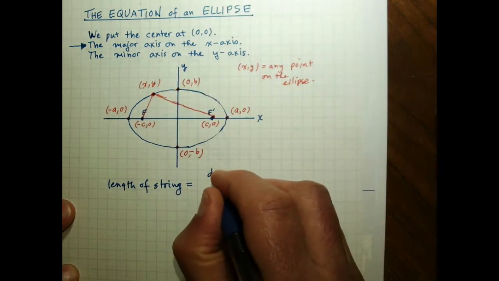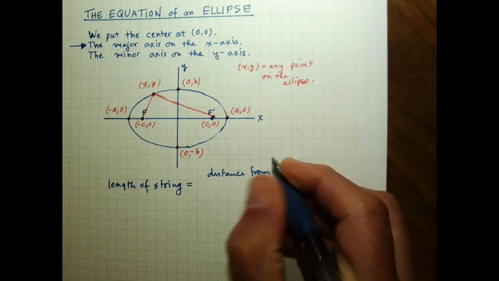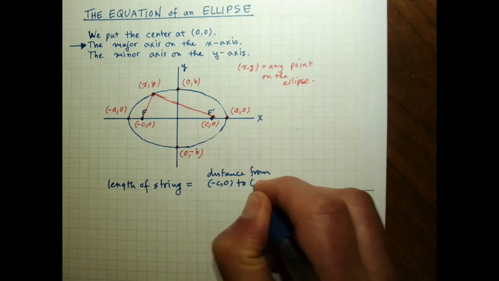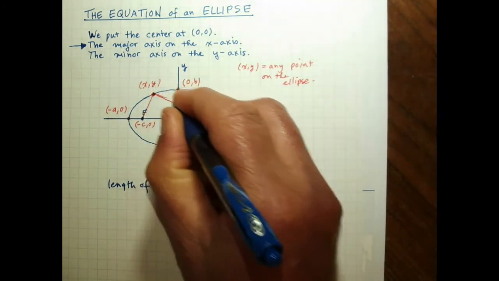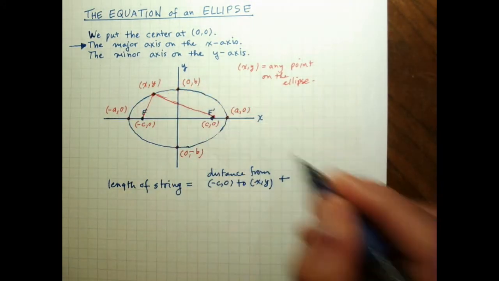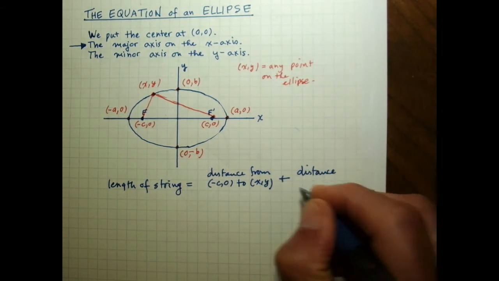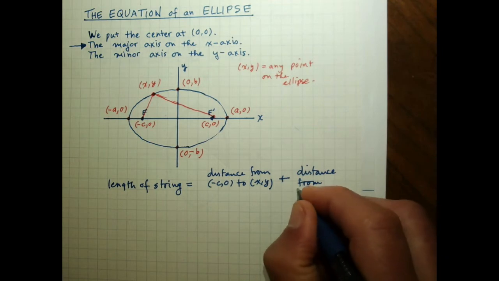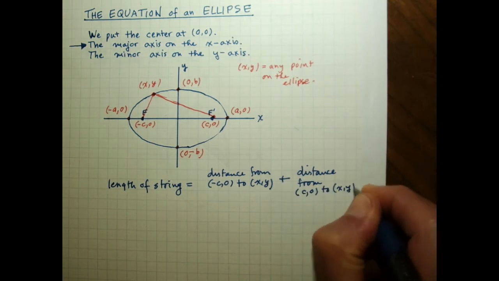So the distance from negative c, 0, the one focus, to my point xy, plus we have our other part of the string over here, and that length is the distance from c, 0 to xy.